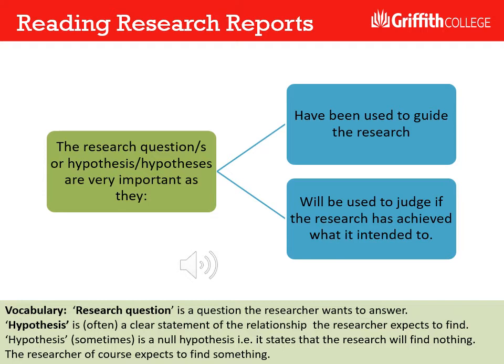If we look at a research question and a hypothesis, what is the difference? The difference is that a research question actually is formulated as a question, such as, why is the sky blue? Whereas a hypothesis might be, the sky is blue due to refraction of light. And then you prove that true or false.